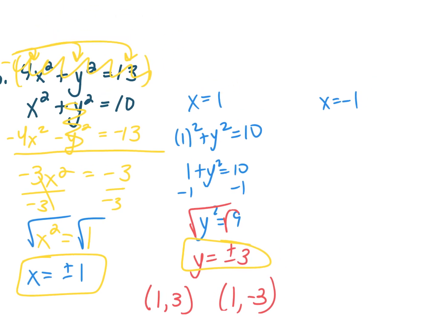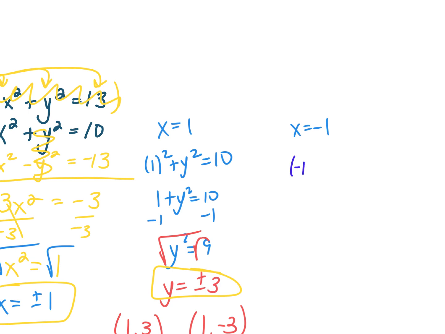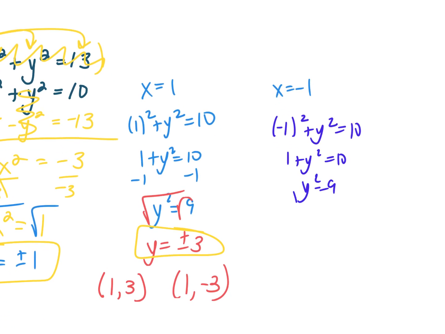Now we're going to do the exact same thing, but we're going to plug in -1. So let me pick a different color. I like that one. So I have -1 squared plus y squared equals 10. 1 plus y squared equals 10. y squared equals 9. So what's y equal? Plus or minus 3. Is that the exact same thing?